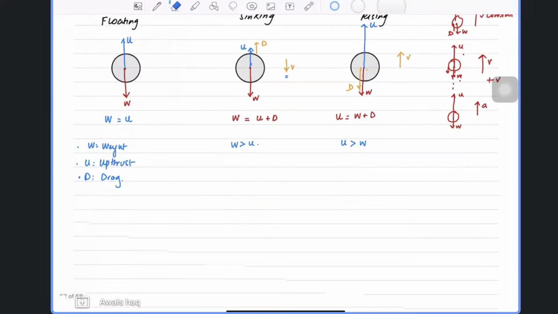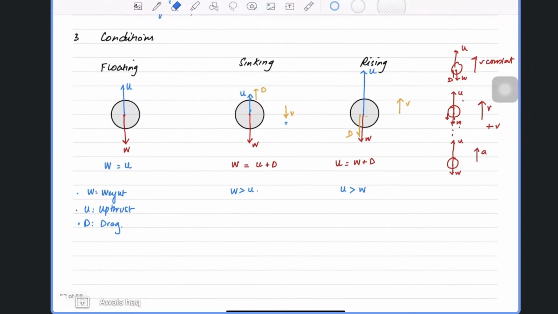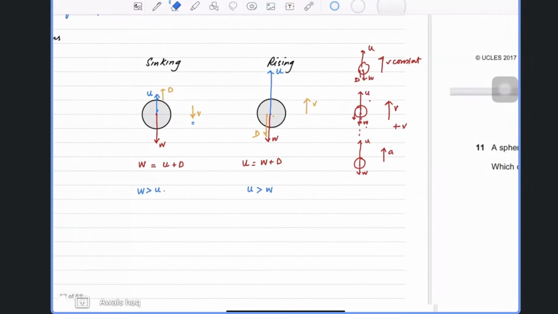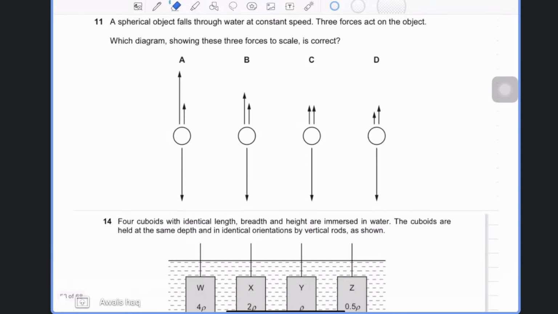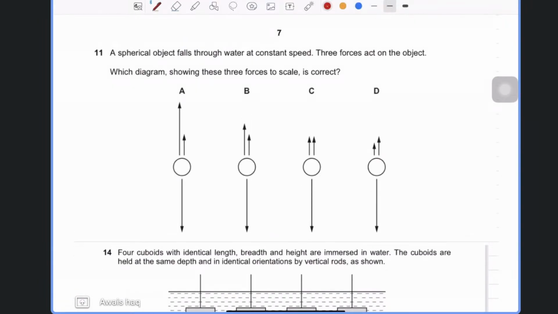Now, similar diagrams to these three conditions will be there in your exam. For example, here it says a spherical object falls through water at constant speed. It says falls through water, so we are right now thinking of sinking, right? You agree? He hasn't told us what the three forces are, but obviously in water there's going to be weight, so one of these is weight.